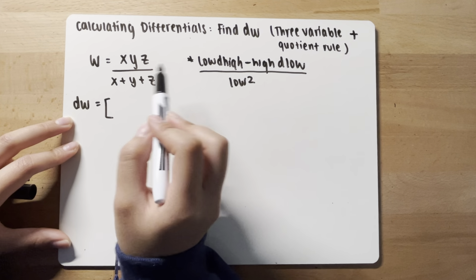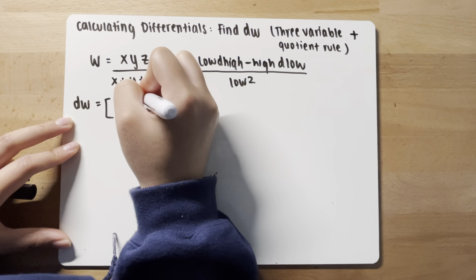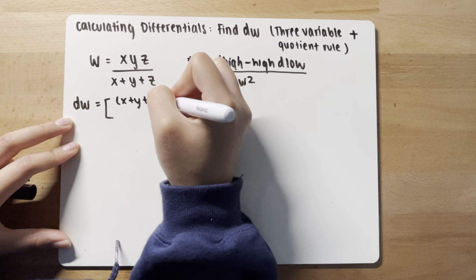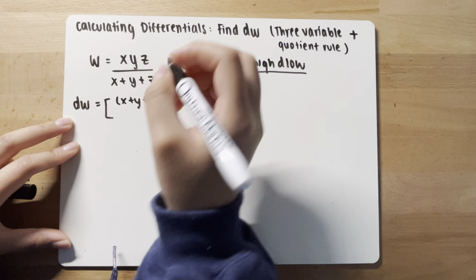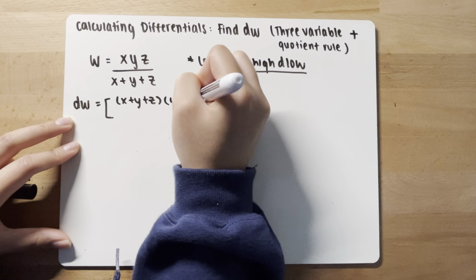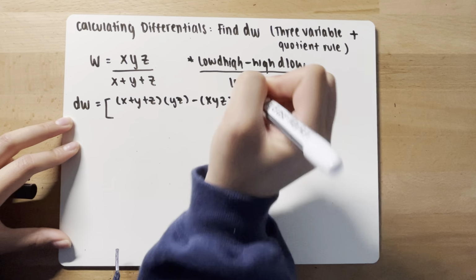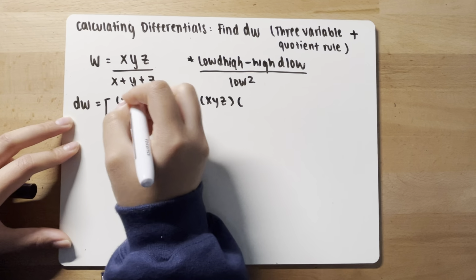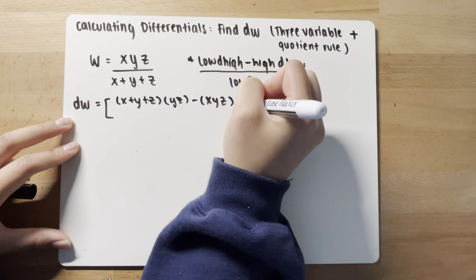So low, you have x plus y plus z. D high, the derivative of xyz in terms of x, is yz, minus high xyz, d low, the derivative of x plus y plus z in terms of x is 1.